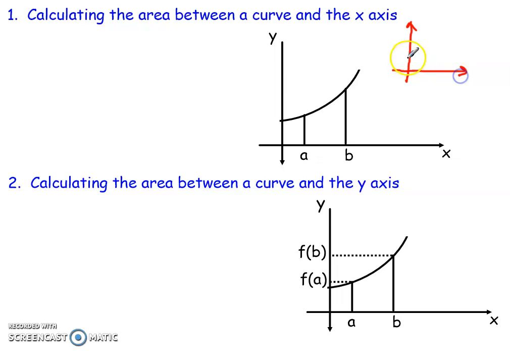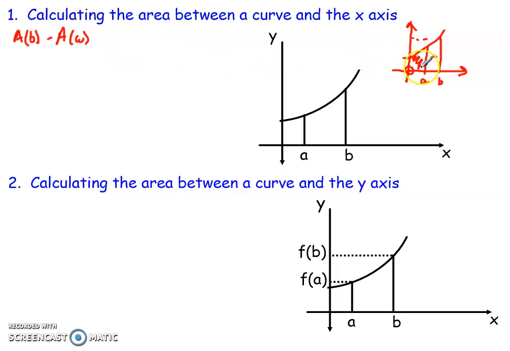If you imagine I've re-sketched this, so there's my curve, and let's take O as the origin, and this line here is A, and this line here is B. And let's imagine we take this as a composite shape, because if we want the area here, we have to imagine that we know the area between 0 and A, the area between 0 and B, and subtract them from each other. So essentially what we want is the area of B take away the area of A. That's the basic premise of the whole thing.